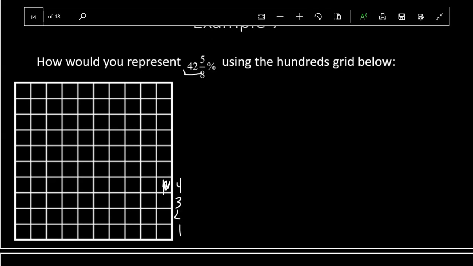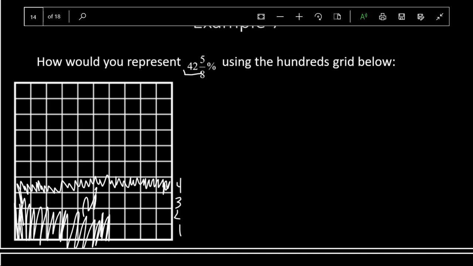I'm just going to shade in all of this. And now it could be messy. Okay, so I've shaded in 40 so far. We need to shade in 42, so I'm going to add 2 more blocks.